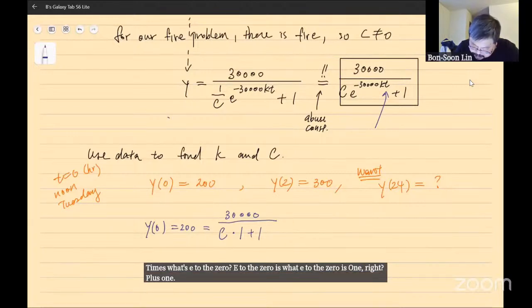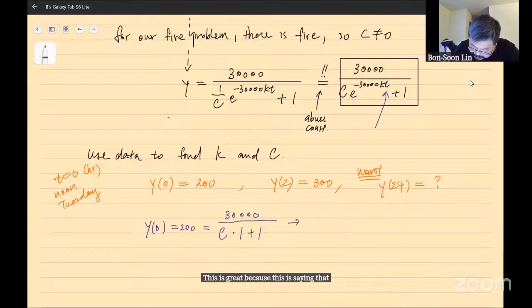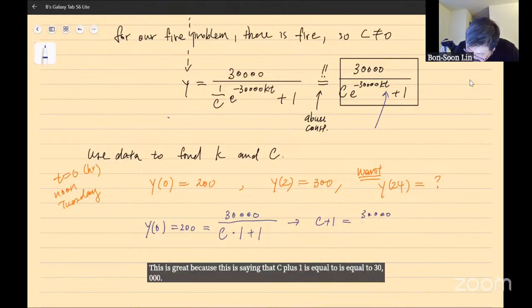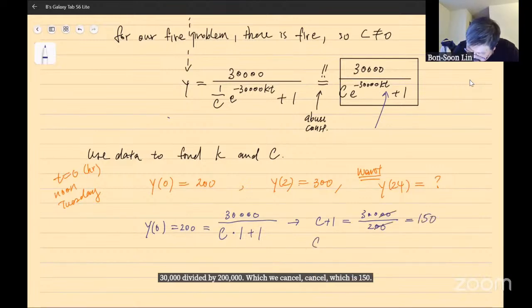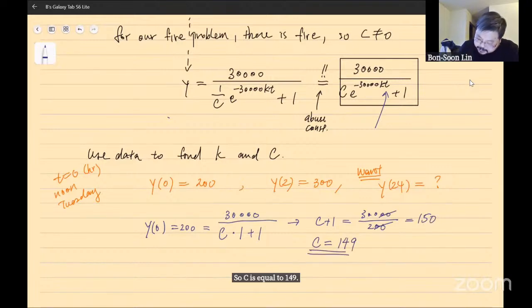This is great because this is saying that c plus 1 is equal to 30,000 divided by 200, which is just 150. So c is equal to 149. Okay, we found c.